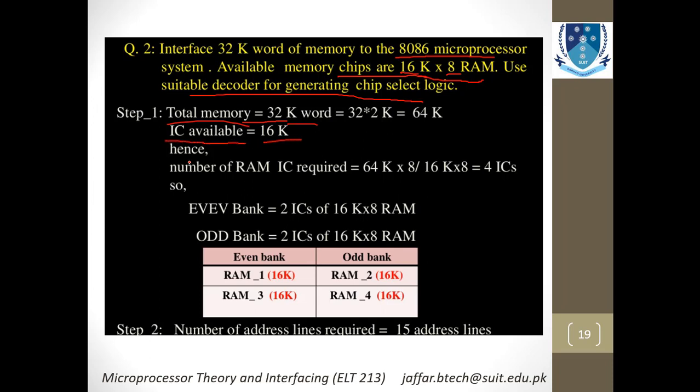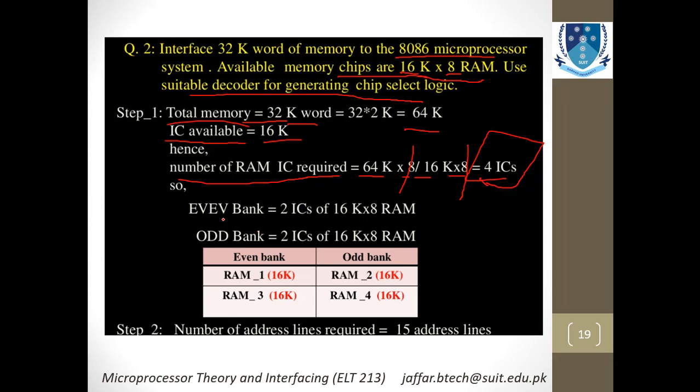So the number of RAM ICs required will be the total memory multiplied by 8 divided by 16 multiplied by 8. The 8 will cancel out with the 8, so the total number of ICs that you will require will be 4. So 4 ICs will be required for this kind of interfacing question.